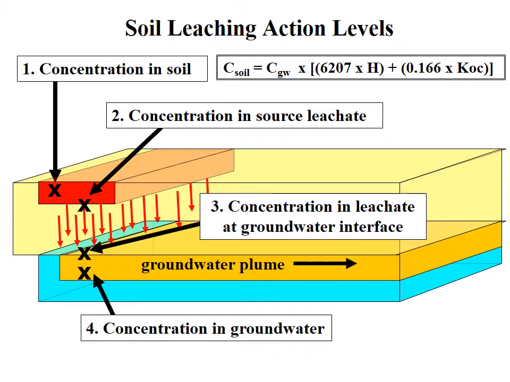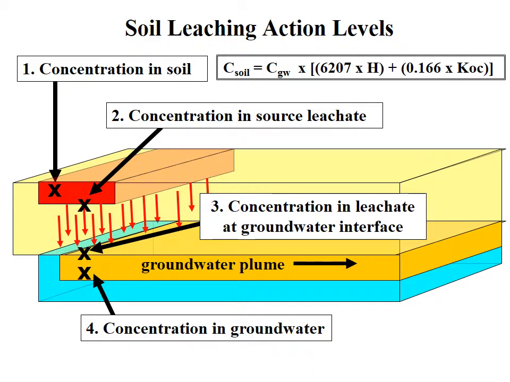You could be losing some of the mass in the leachate if it's a volatile chemical, from volatilization out of the leachate as the leachate migrates downward. The model does not include biodegradation, but that could be included in some models. But the concentration might be a little bit different at the groundwater interface. And then step 4 of the model is just mixing of the leachate with the groundwater that's slowly migrating beneath this contaminated soil as the leachate rains down into it and creates a groundwater plume.